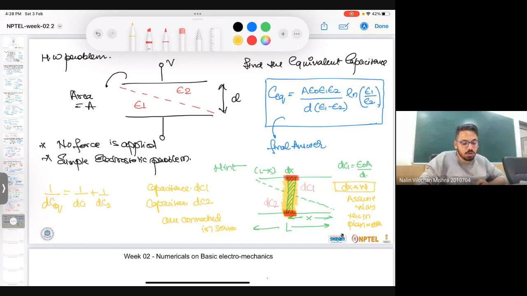And what about the distance d? Because this strip is so small, you can assume it is not slanted, but there is this distance d.